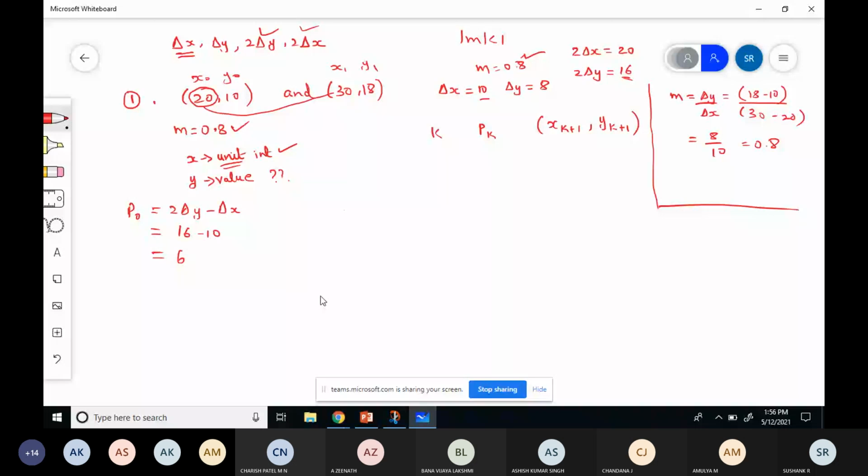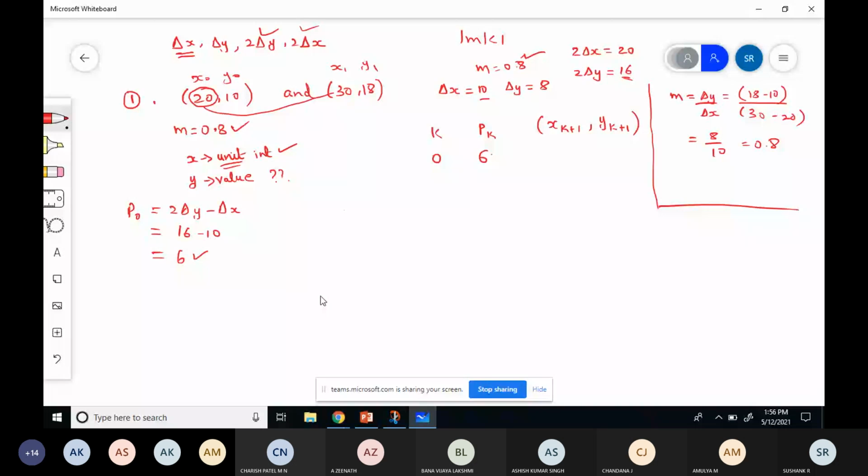So what will be p1? Initially when k was 0, the p naught I got was 6. Since p naught is greater than 0, which points do we have to consider?